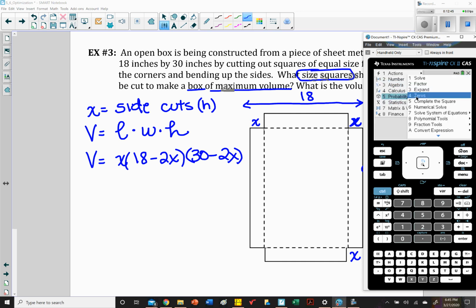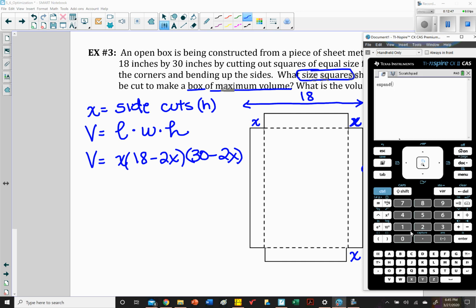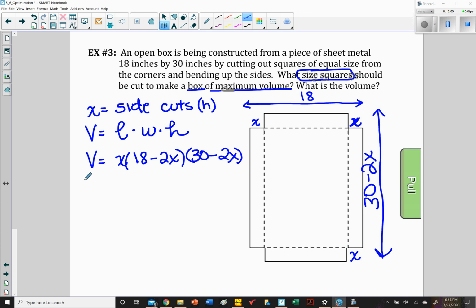Using algebra, we can expand X times 18 minus 2X times 30 minus 2X, and get that polynomial for the volume.